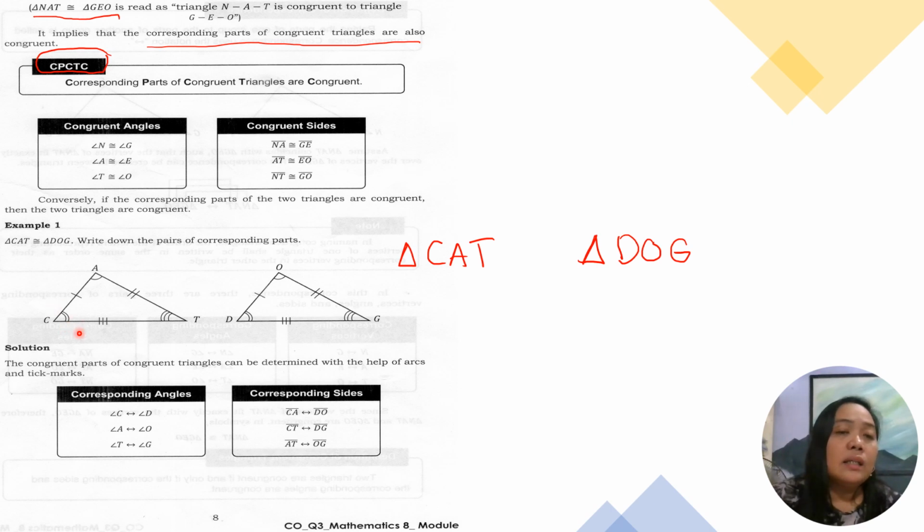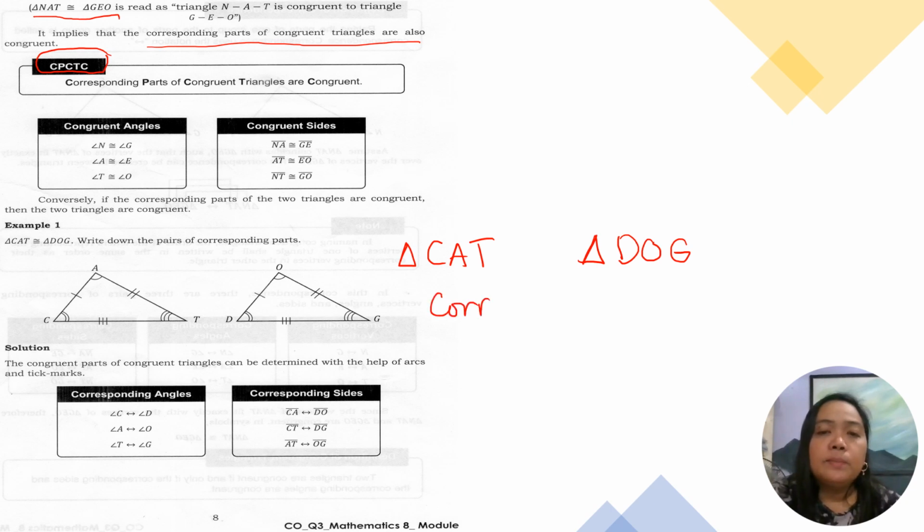While the arc here tells us that the angle of one triangle corresponds and is congruent to another angle of another triangle. So let us discuss what are the corresponding angles. Before we discuss what are the corresponding angles and what are the corresponding sides, let us write down the corresponding vertices first.